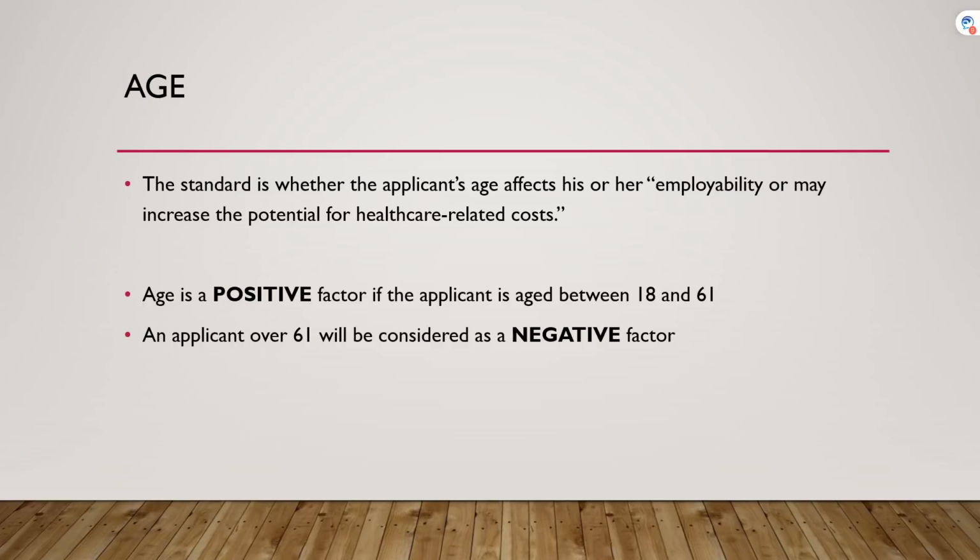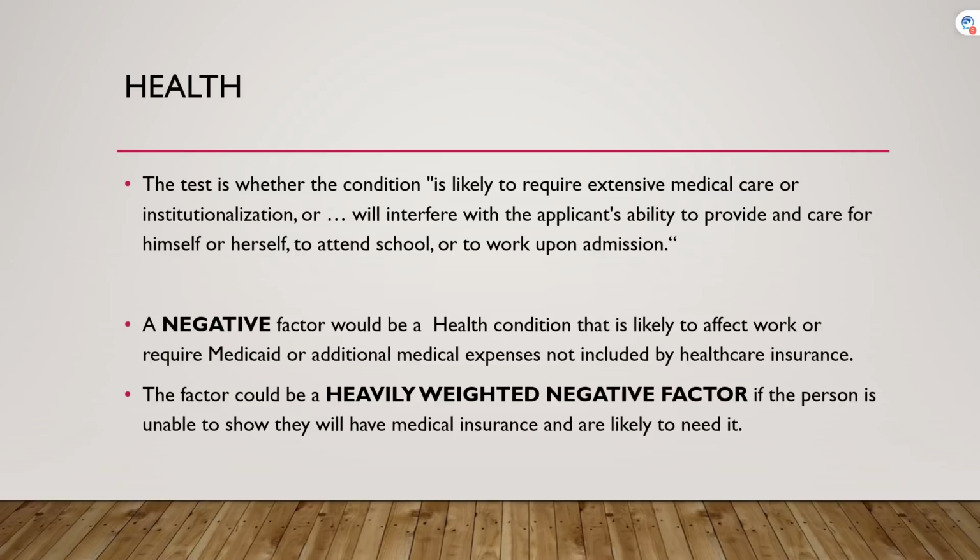So all of these actually are sort of understandable. They're logical, to an extent, you can understand how this has been written. But anyway, that's the first one. So firstly, between 18 and 61, that's a positive factor.